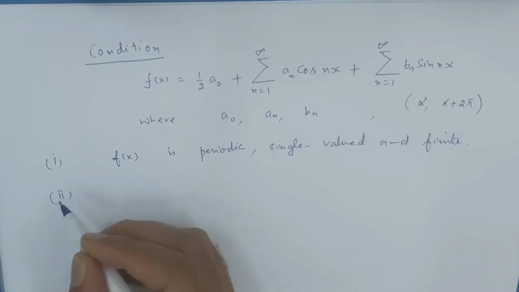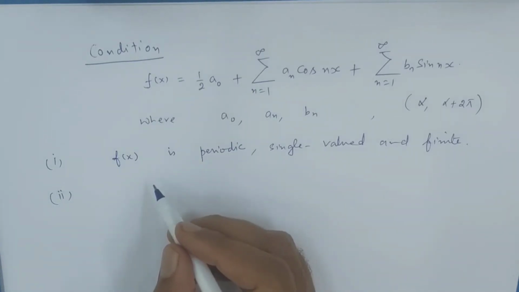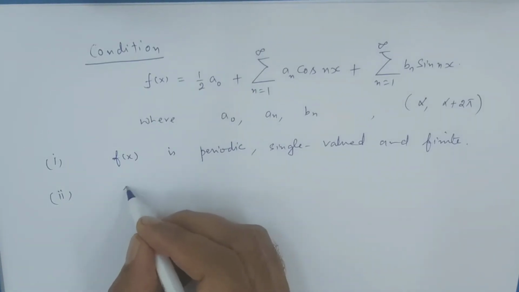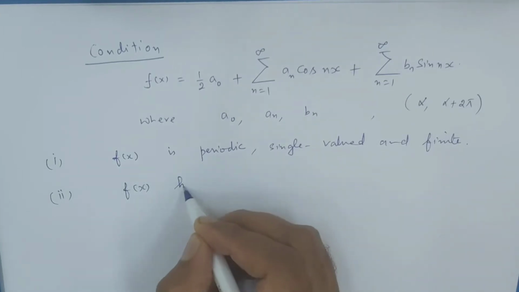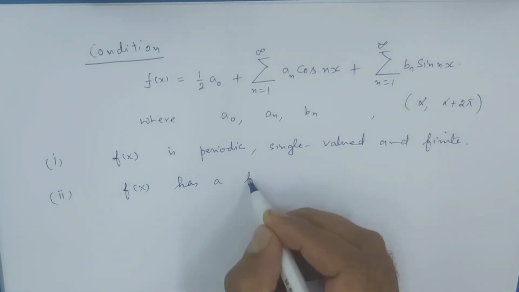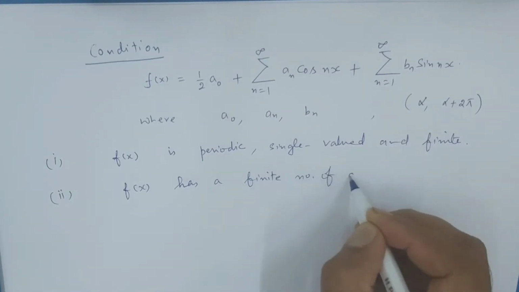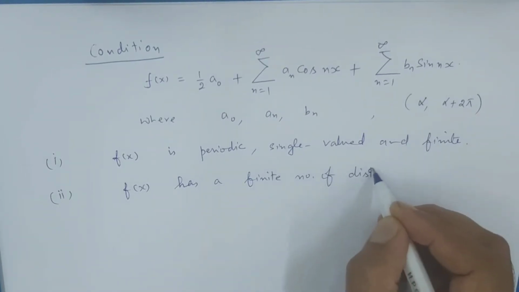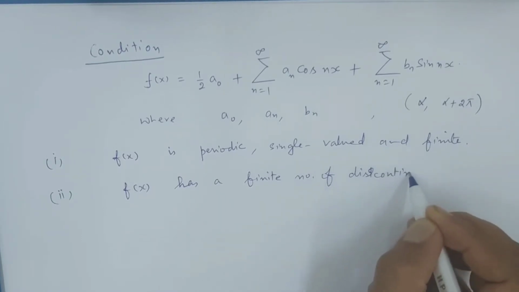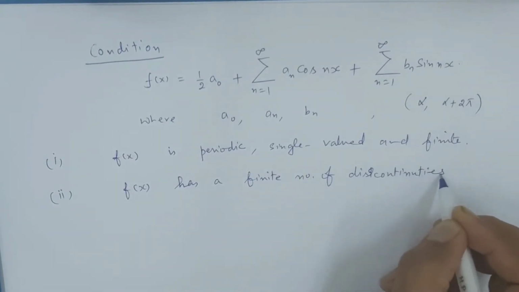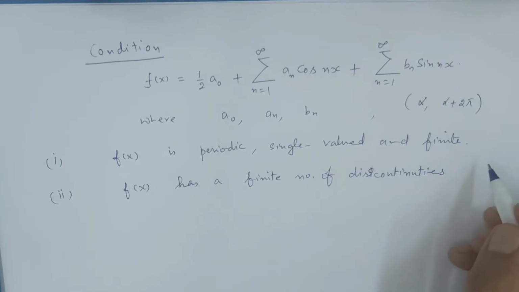Number 2, f of x has a finite number of discontinuities in any one period.